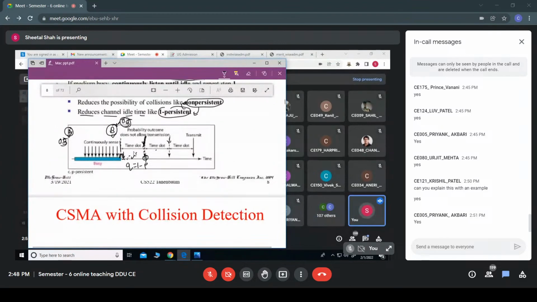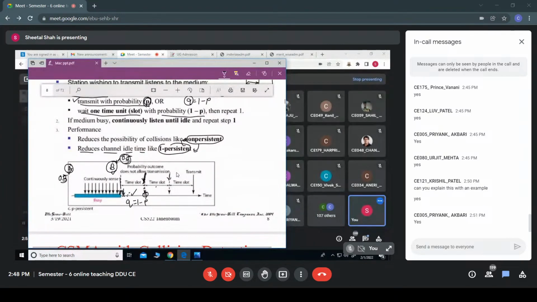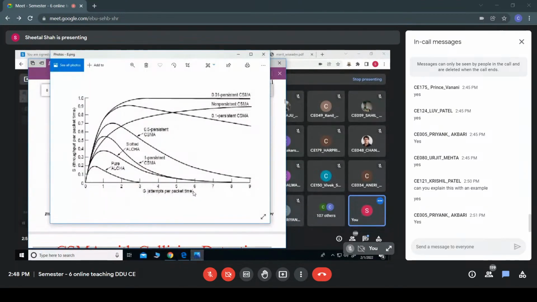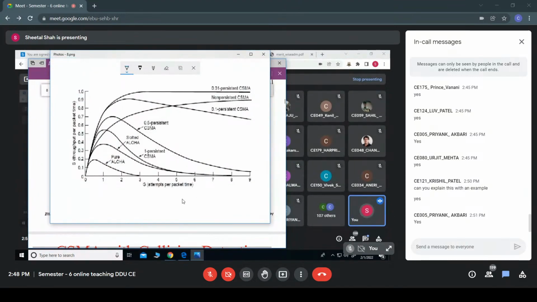Okay, so this is about the CSMA. Now, if I go through the performance of this CSMA with pure Aloha and slotted Aloha, this is the throughput.